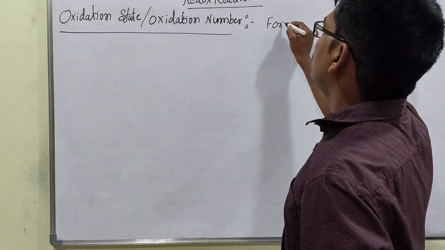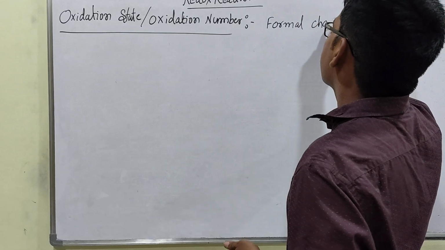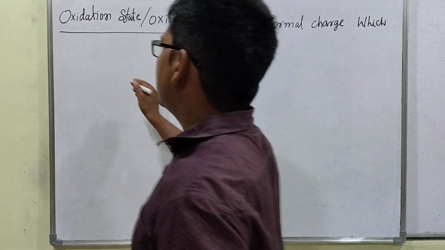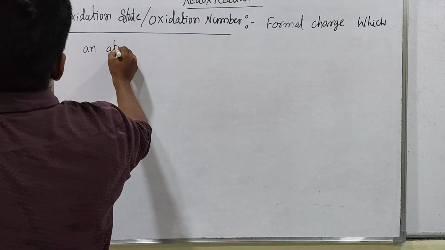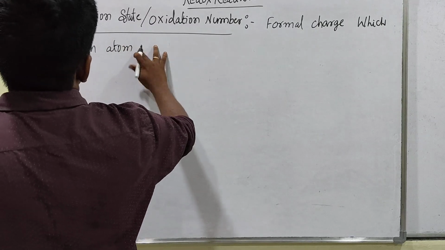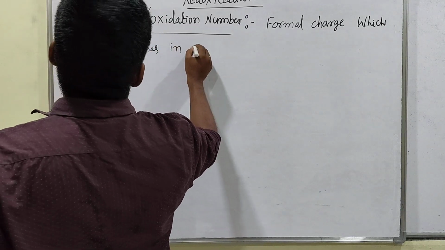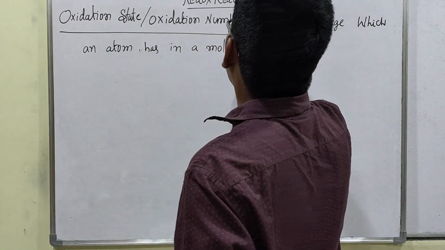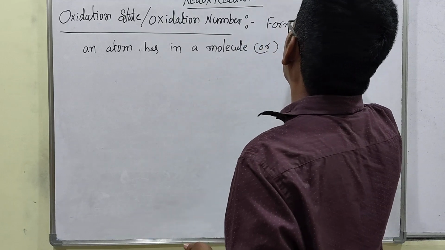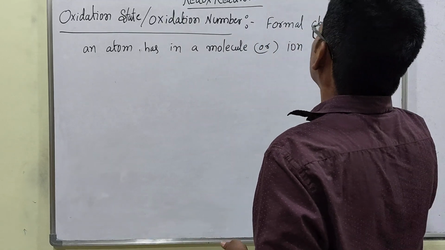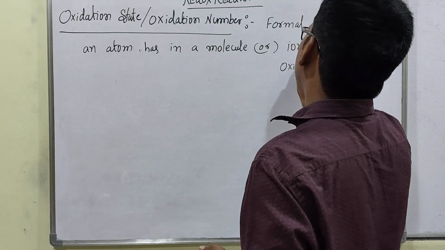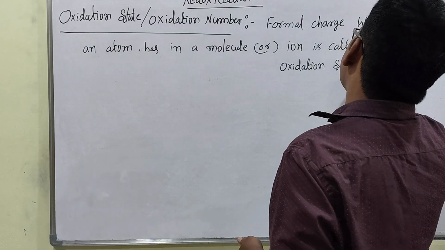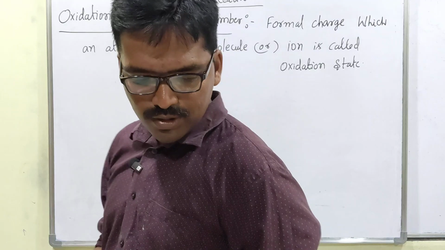The formal charge which an atom has in a molecule or ion is called the oxidation state, or oxidation number we call.